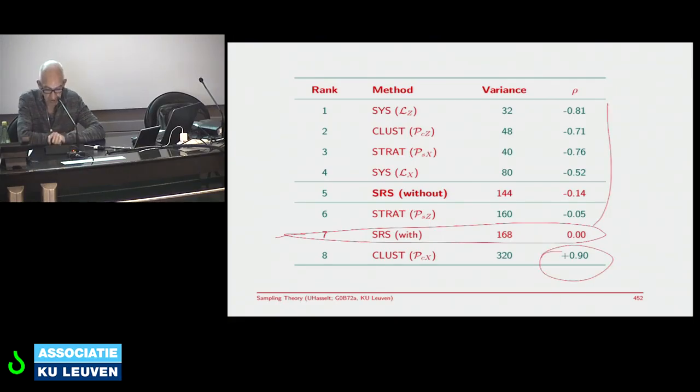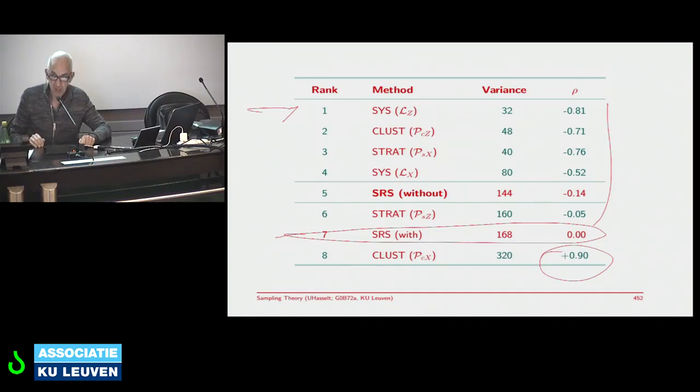All the others are negative, with still systematic sampling with list Z winning, etc. Well, one thing we should not draw from this is general knowledge as to what is the ordering of the methods in any possible examples. No. It's an artificial example. It should not be carried too much forward, but it gives the connection between heterogeneity of the samples, which is the mirror image of the heterogeneity in the population.